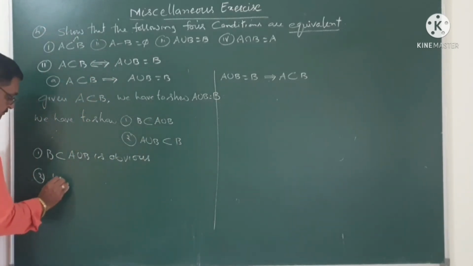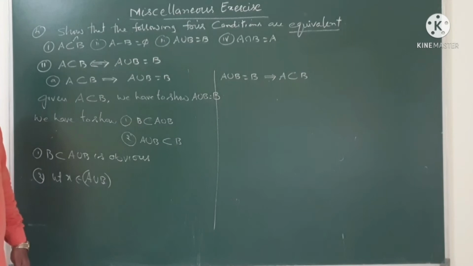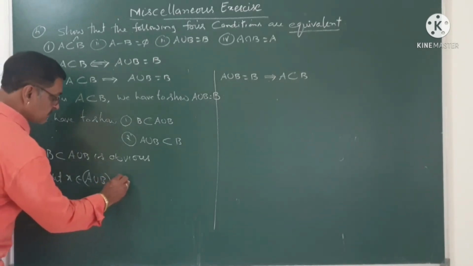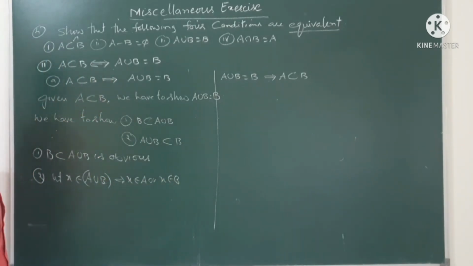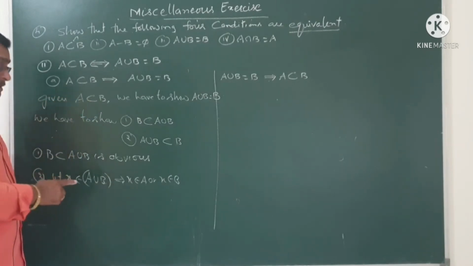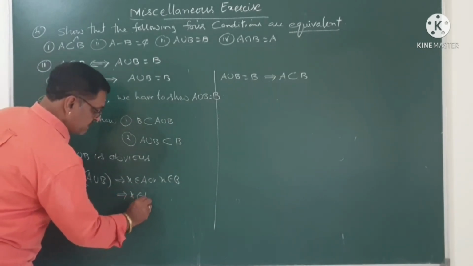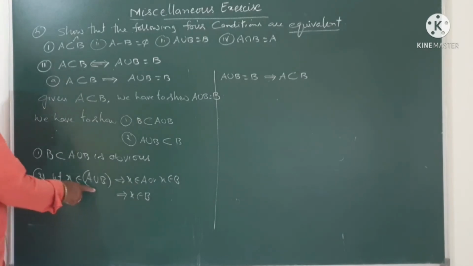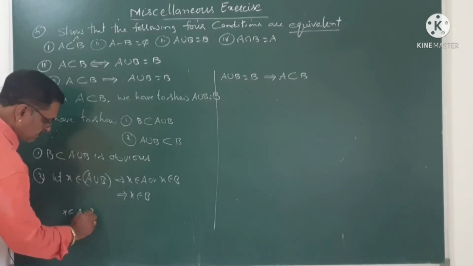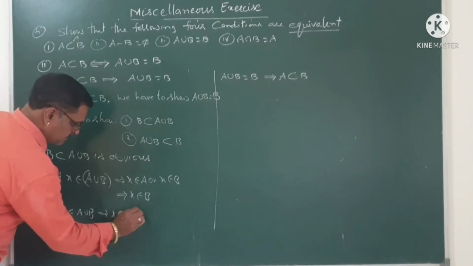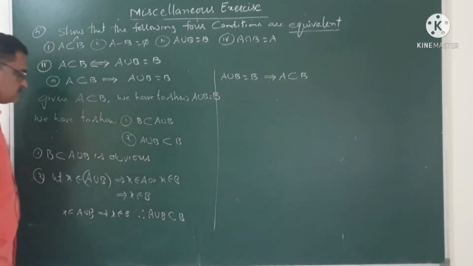So let X belong to A union B. This implies X belongs to A or X belongs to B. Since A is a subset of B, whatever element belongs to A also belongs to B. This implies X belongs to B. X belongs to A and B implies X belongs to B. Therefore, X belongs to A union B implies X belongs to B. Therefore, A union B is a subset of B. Okay?